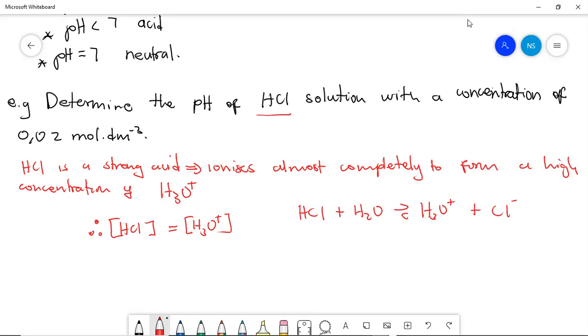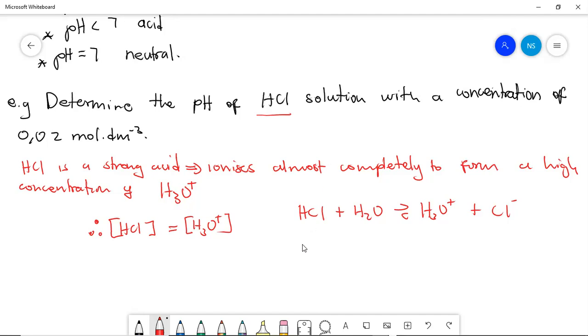And therefore we say the concentration of HCl is equal to the concentration of hydronium ion. I want you to know this because it will help you answer exam questions. I know most of you just cram these things. You never understood why we take the concentration of HCl and equate it to the concentration of hydronium ion. This is the reason.